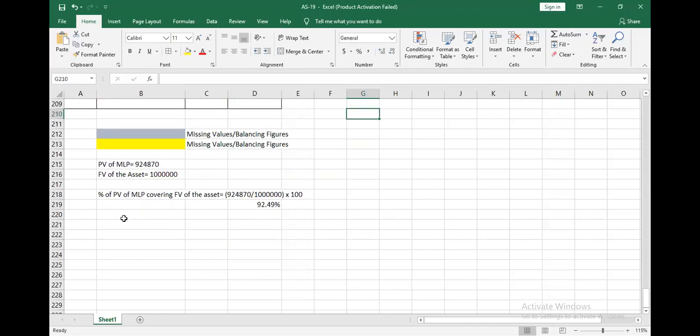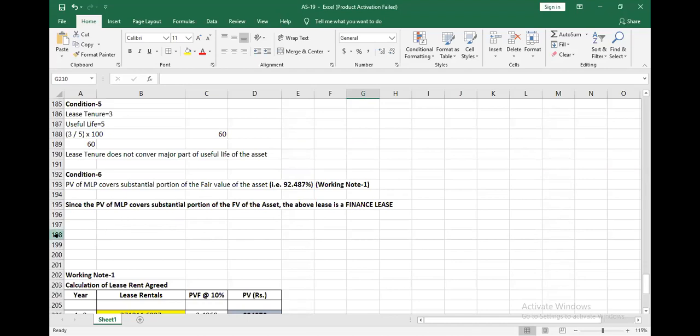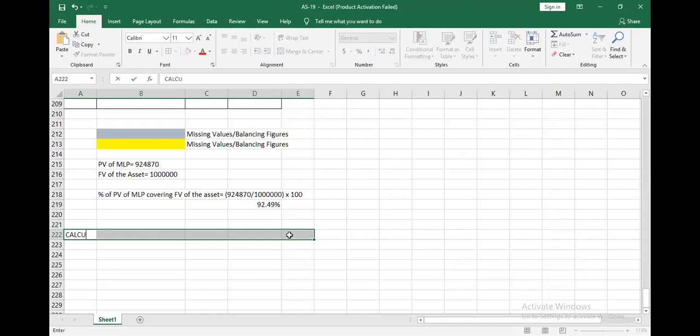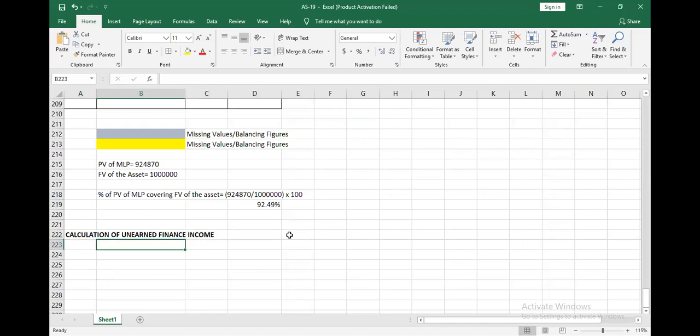Let's go to the next part, which is the second part, calculation of unearned finance income. Let's prepare the format for that.